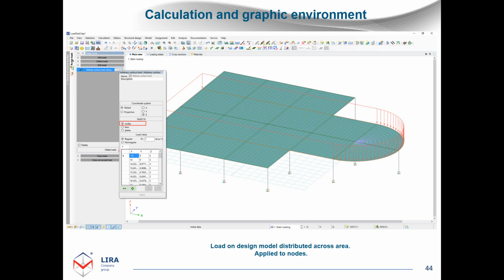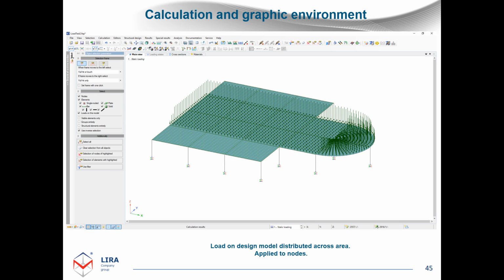This load can also be applied to nodes. If this load is applied to a node, then the load will affect the given design model in the following way. Loading area has been obtained for each node inside the contour of load action. Then the intensity of the applied concentrated force has been calculated according to the loading area that acts on this node.